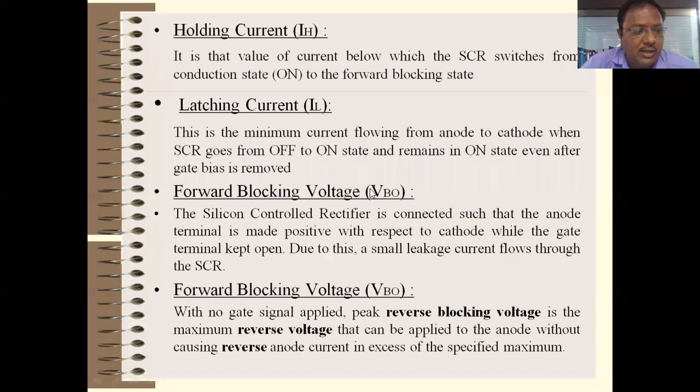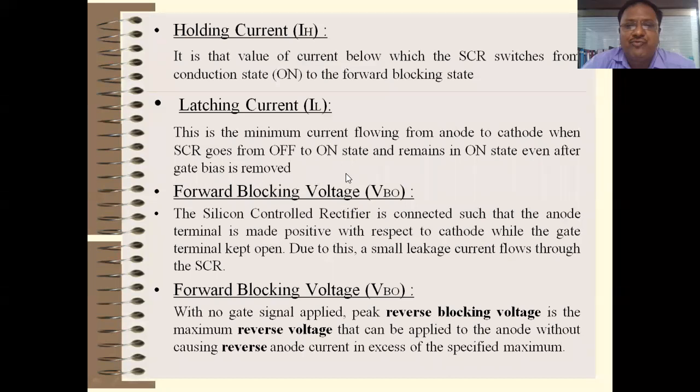That's why it is called a latching device. Once latched into the on state, it remains on until you apply a reverse voltage or reduce the forward current to zero. So latching current is the minimum current flowing through the SCR after which, if you remove the gate bias, it remains in the on state.